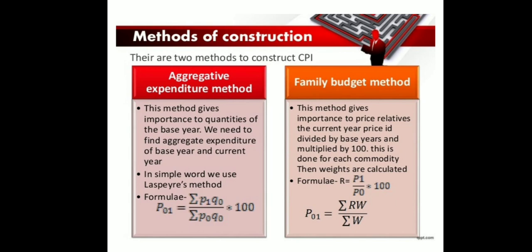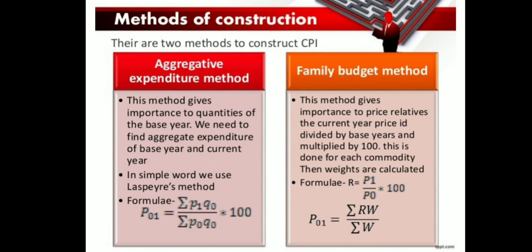So we need to find the aggregate expenditure of the base year and the current year. In simple words, we use the Laspeyres method. The formula is P01 equal to sum of P1 Q0 divided by sum of P0 Q0, where P is the price, Q is the quantity, 1 is the current period, and 0 is the base period.